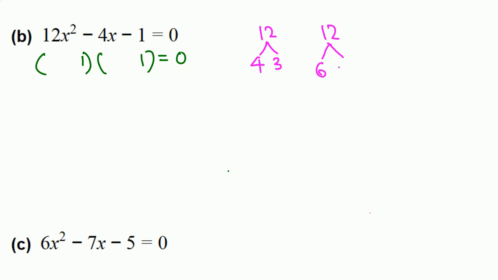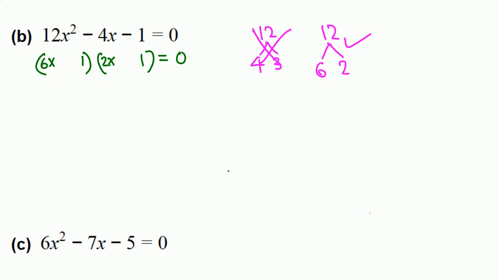12 is 6 times 2. 6 and 2 make 4, so to get negative 4, maybe negative 6 and plus 2, we'll check. Okay, this is not it, but this is going to work. So 12x squared is 6x times 2x.